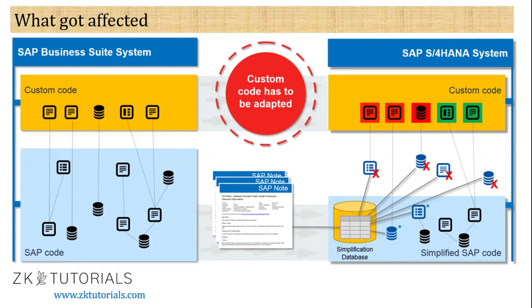This is what the simplification data is, how to update it, what it contains, and how to look at the notes which are attached to each of the simplification items, fix those issues, and re-execute your test. Is this clear, guys? So this was all we have done and learned.